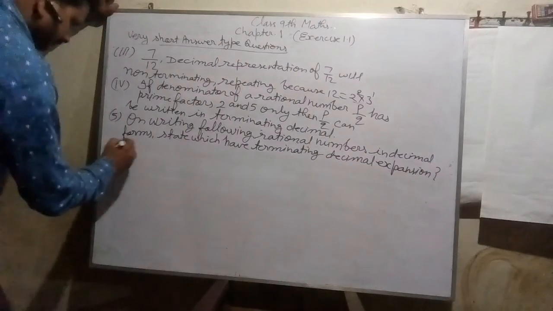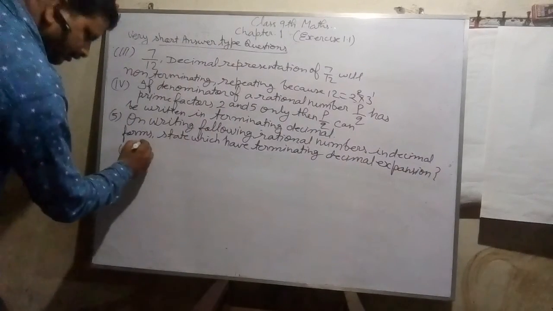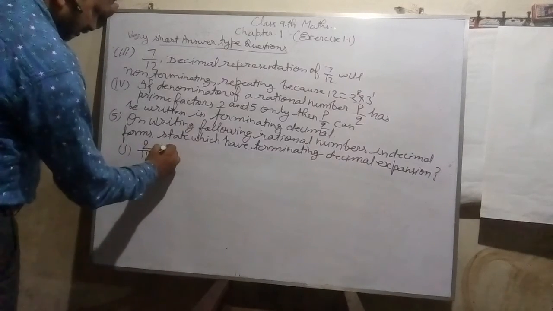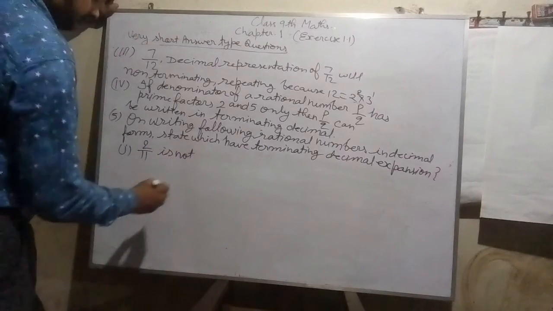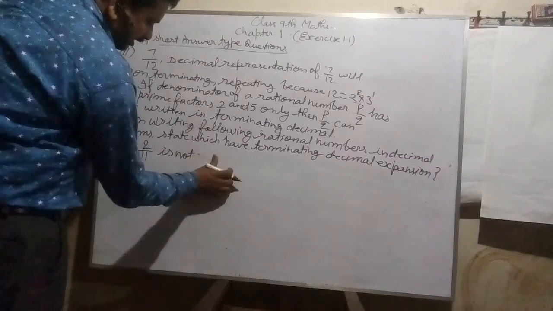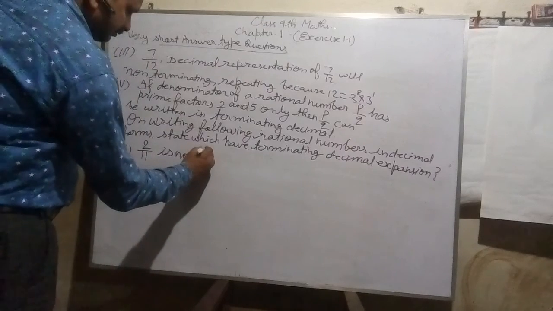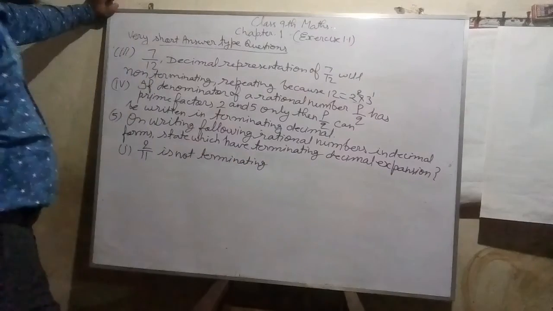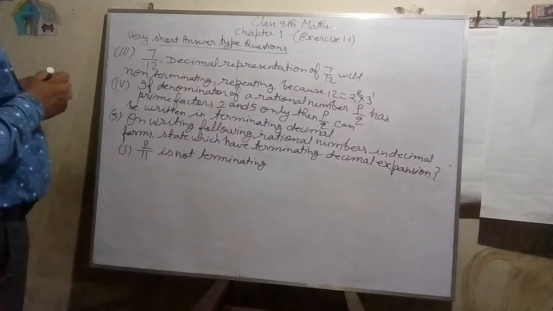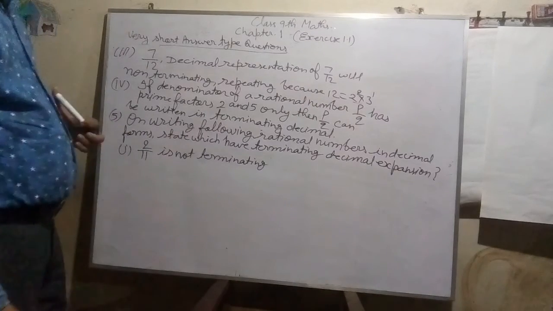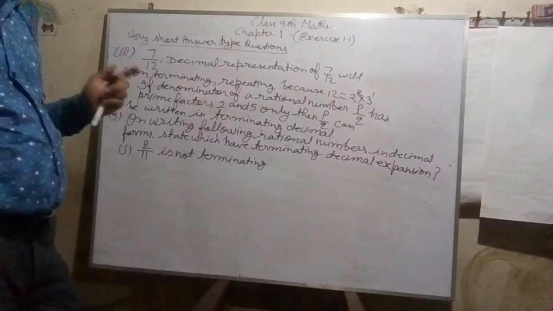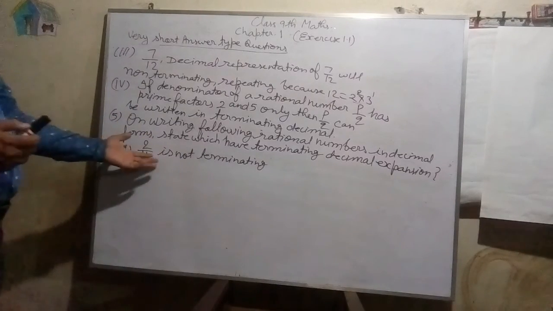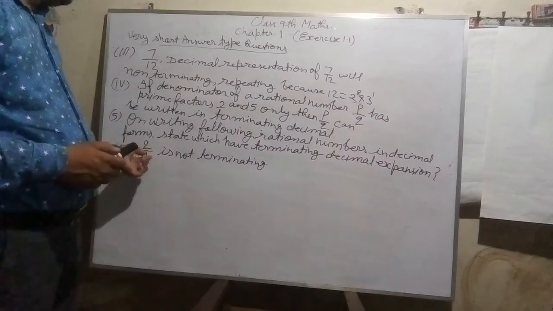Then first part, 2 by 11 is not terminating because the denominator is 11, which cannot be written with prime factors of 2 and 5. So it is a non-terminating decimal.